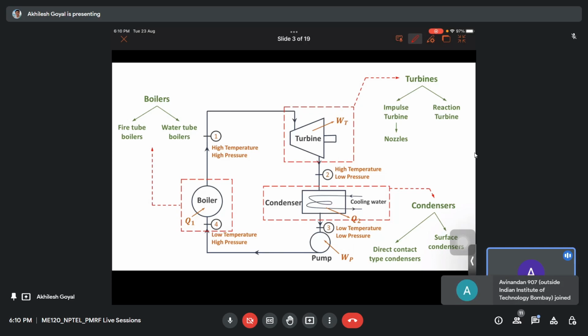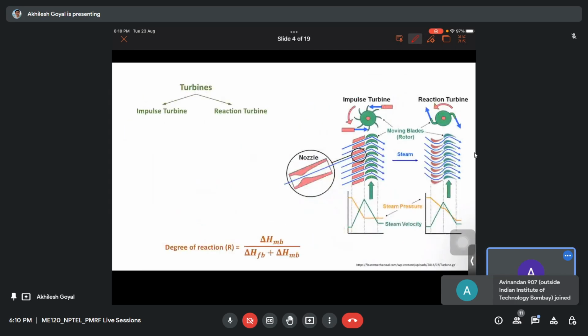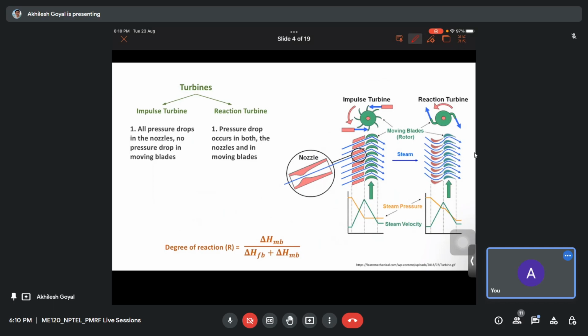Okay, so starting with the turbines. There are two types of turbines, the impulse turbine and reaction turbine, and the working principle of these two turbines is different.